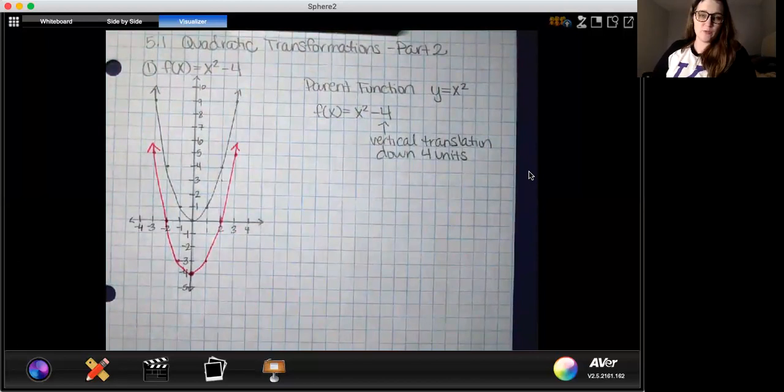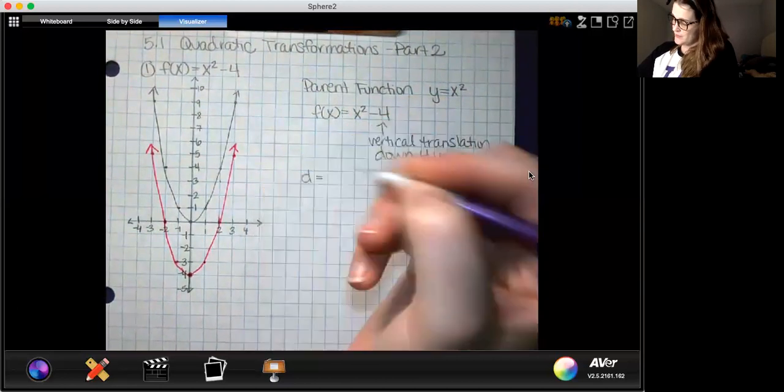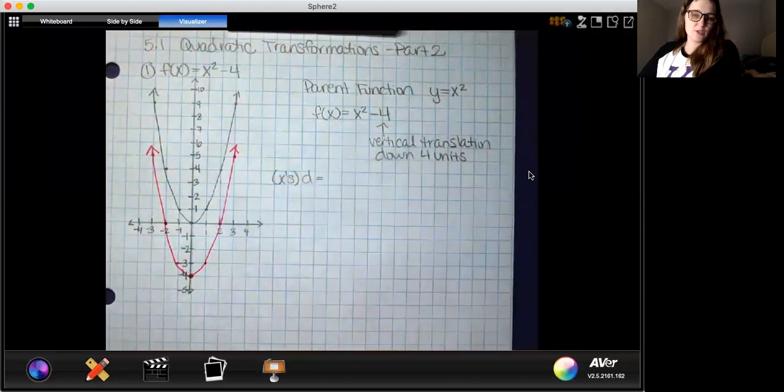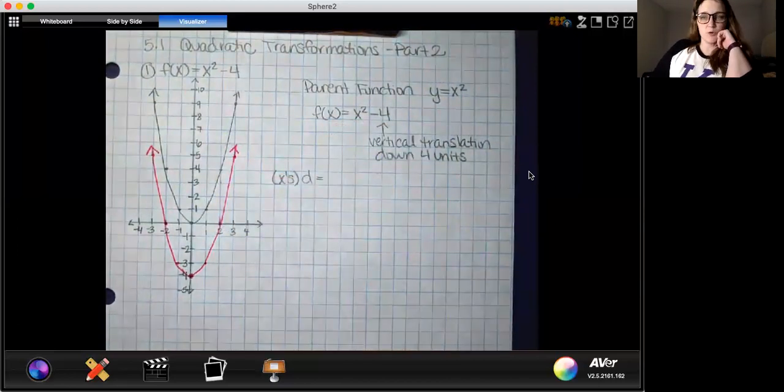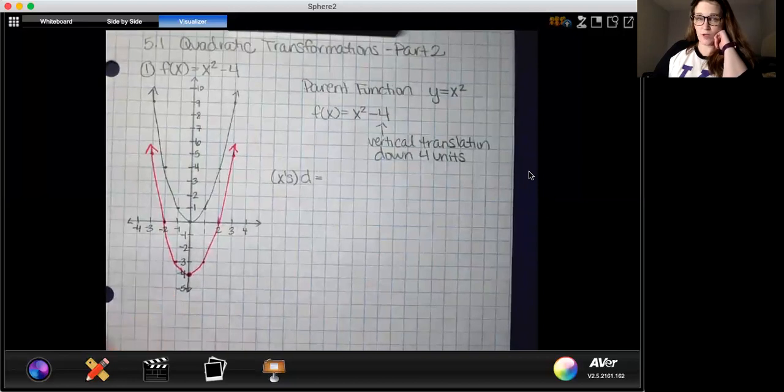Now, before we go to the next one, let's talk about a few things. So first thing we're going to talk about is our domain and range. Now remember, our domain are your x values. What does my domain equal? So if we're thinking about possible domain or possible range values, we want to think what number is restricting the graph.